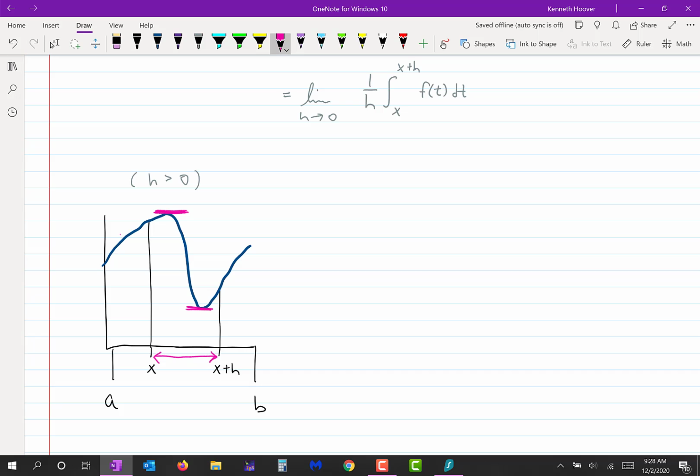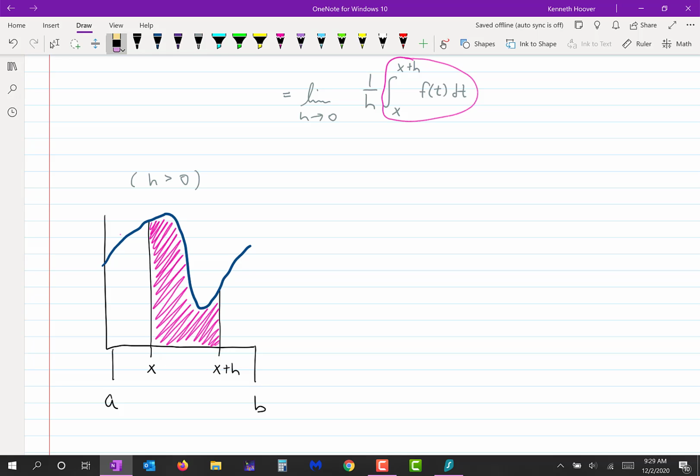What I want to do is think about this. Don't worry about the 1 over h in front right now. Just worry about that integral right there. What is that integral? Okay, that integral is equal to this area, correct? We know that, right?